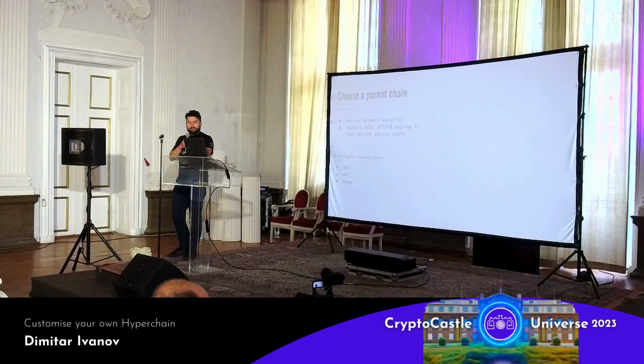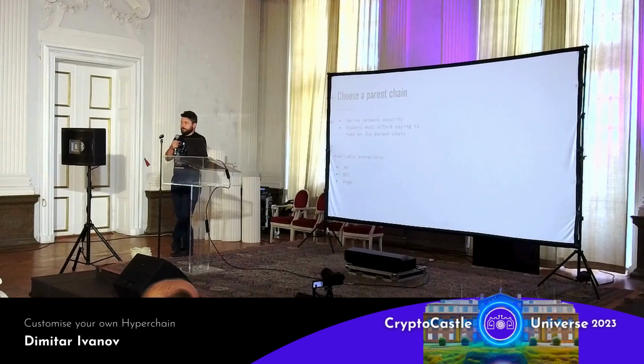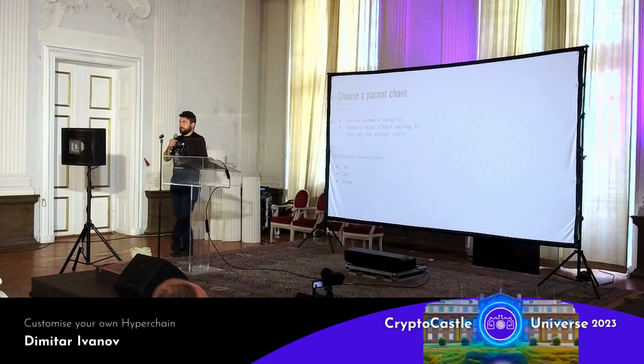You have the freedom to choose a parent chain, and that's not a trivial task. The different parent chains come with different security implications for your blockchain. So Bitcoin having the most mining power in the world is probably the safest. But then you have to pay transaction fees on Bitcoin, and that might get expensive. So it really depends on the balance you want to strike between security and cost effectiveness.